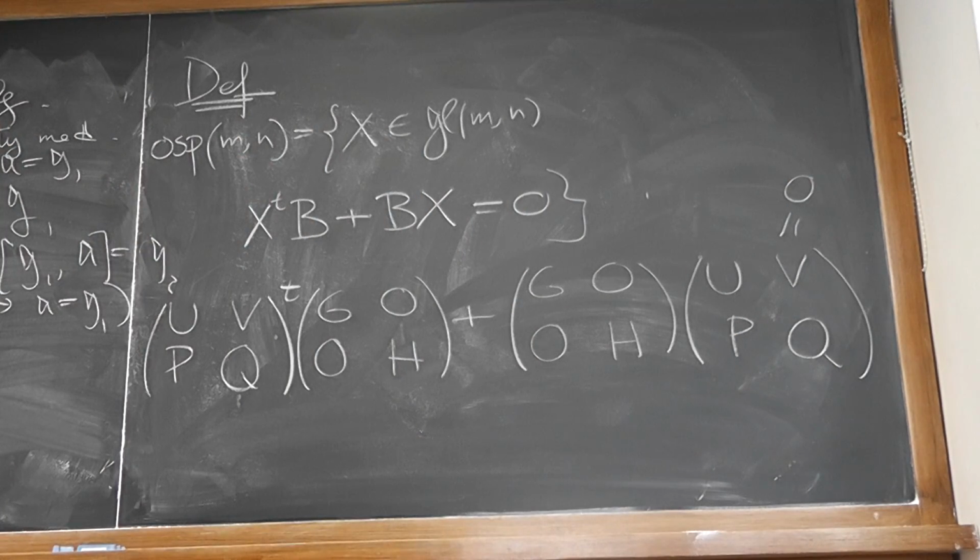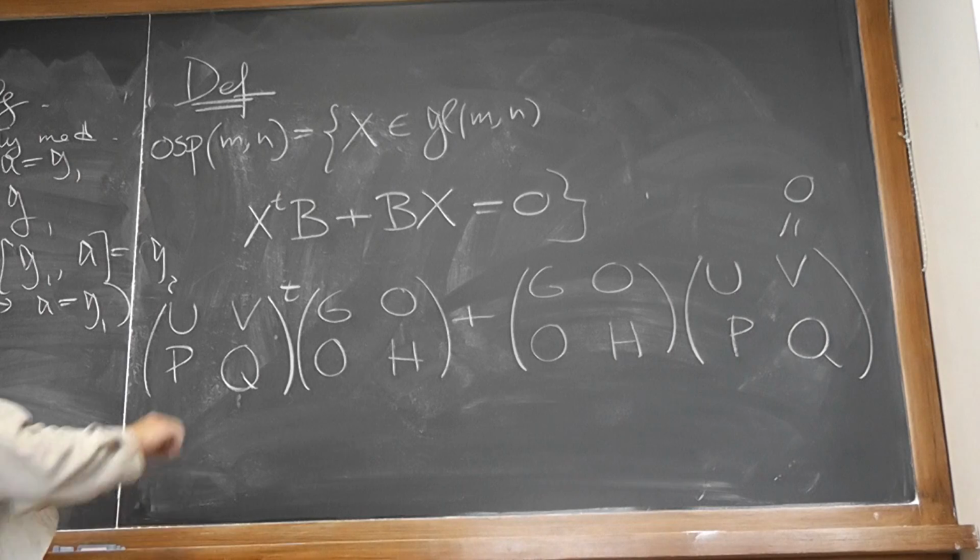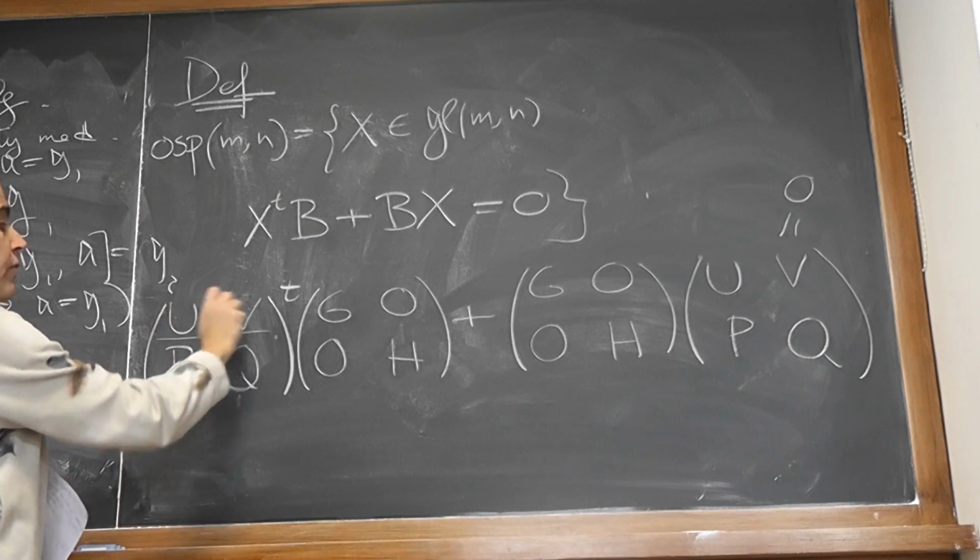You have to do this calculation. I don't want to do it because I already did it once in my life, but the point is that this will impose conditions on this matrix, on U, V, P, and Q.